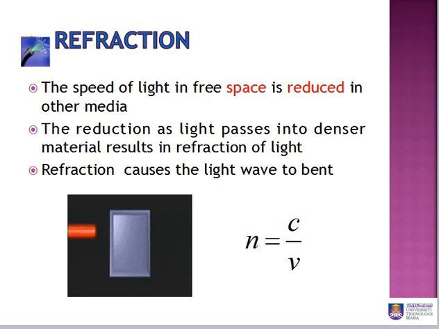Refractive index is the ratio of the velocity of propagation of light in free space to the velocity of propagation of a light ray in a given material. It's given by this equation.